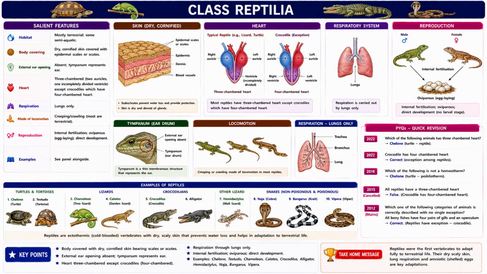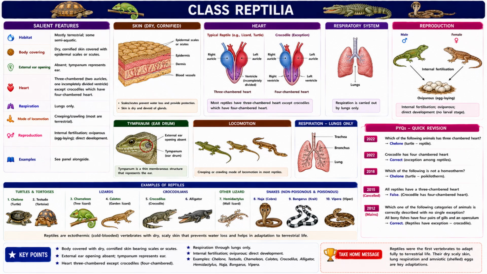You can see in the diagram there is a tympanum, eardrum, external ear. You can see the heart is 3 chambered. The third chamber is an incompletely divided chamber. When it comes to crocodile, the heart is 4 chambered. Examples: turtles and tortoises like Chelone and Testudo. The lizards are chameleon and Calotes, and the crocodiles are Crocodilus and alligator.